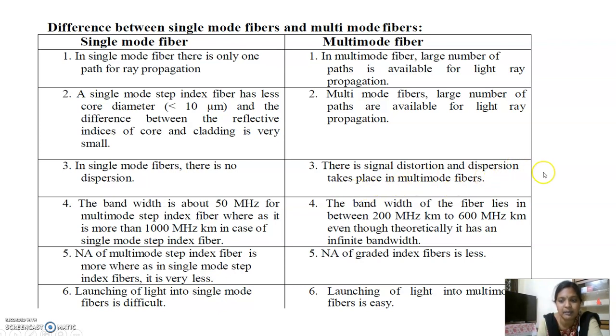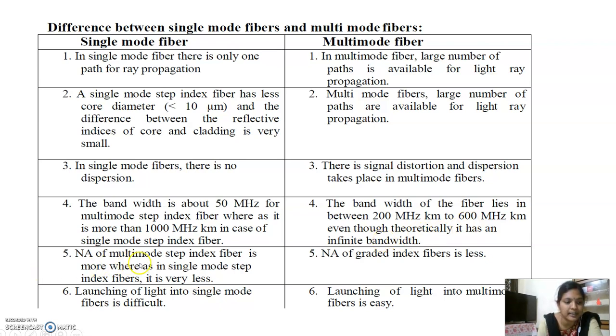Dispersion is nothing but the spreading of light pulses. The bandwidth is 50 megahertz for multi-mode step index and 1000 megahertz in the case of single mode. In the case of multi-mode graded index, the bandwidth is between 200 to 600 megahertz, though theoretically it has an infinite bandwidth.